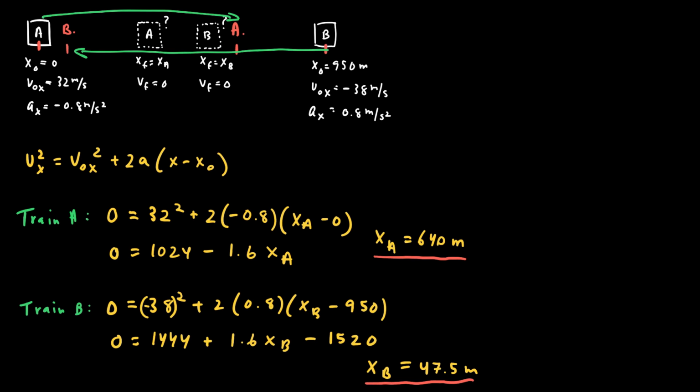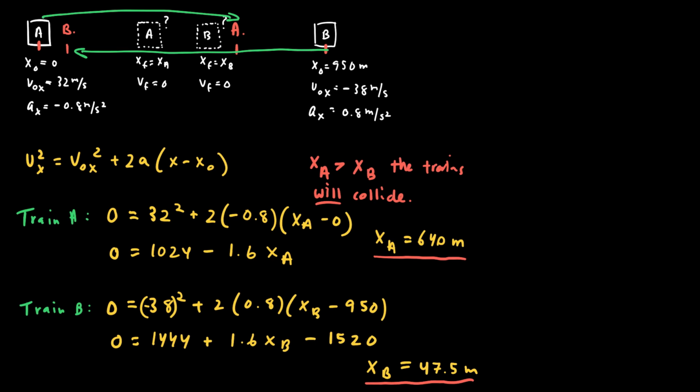And so our answer to the first part of the question is something like, since the final position xa is greater than the final position xb, the trains will collide. And so that's proof enough that there will be a collision.